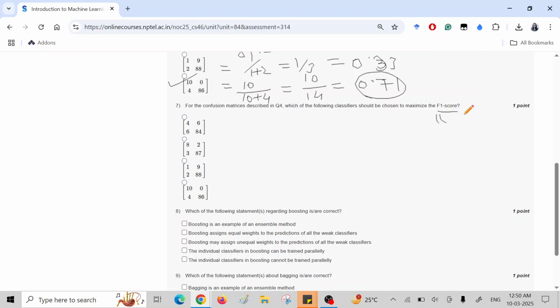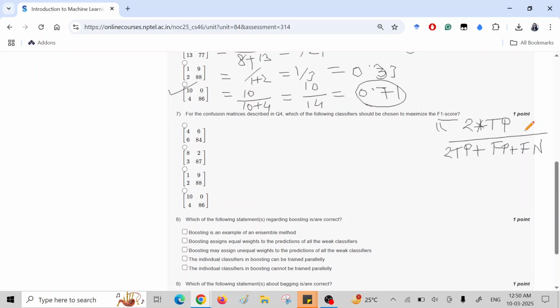If we break it down, it is twice of true positive upon twice of true positive plus false positive plus false negative, right?